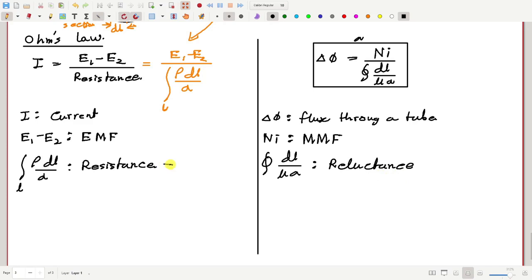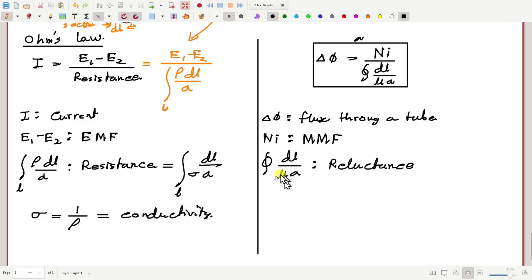Now this resistance you may also write as integration over L of dl by sigma A, where sigma is 1 over rho. If we call rho the resistivity, then sigma is called the conductivity.